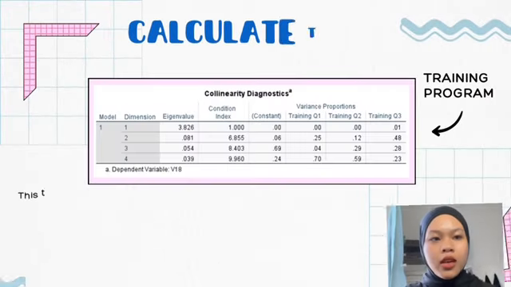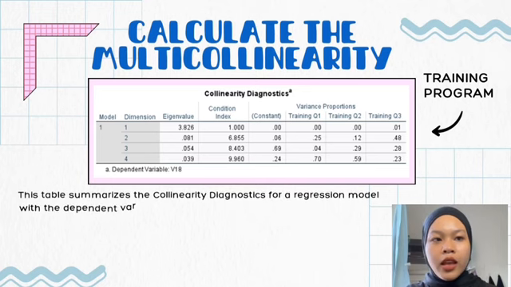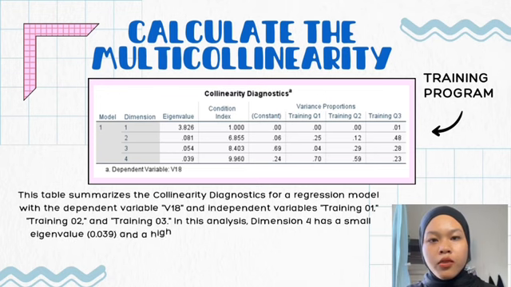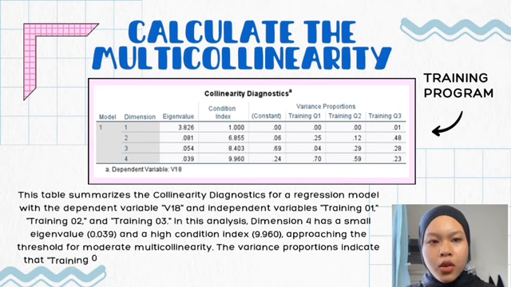This table summarizes the collinearity diagnostics for a regression model with the dependent variable B18 and independent variables training 1, training 2, and training 3. In this analysis, dimension 4 has a small eigenvalue of 0.039 and a high condition index of 9.960, approaching the threshold for moderate multicollinearity.